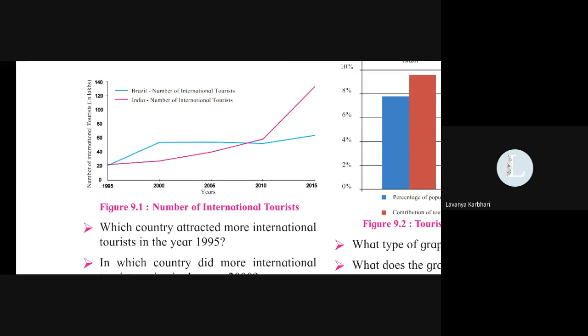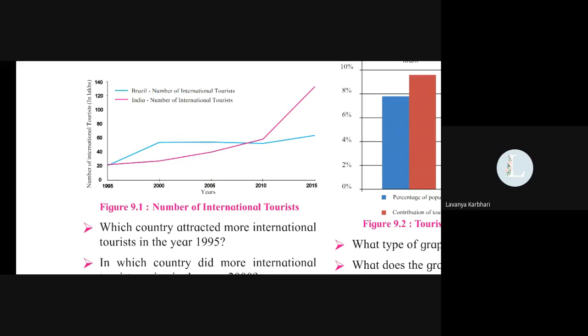The red color is for India. If you take the example of 1995, almost in both the countries 20 lakh tourists come. If we move five years ahead to 2000, the graph was the same for India. In 2000 also 20 lakh tourists came to India, but the graph sharply increased for Brazil.